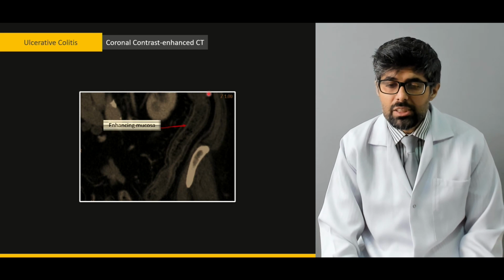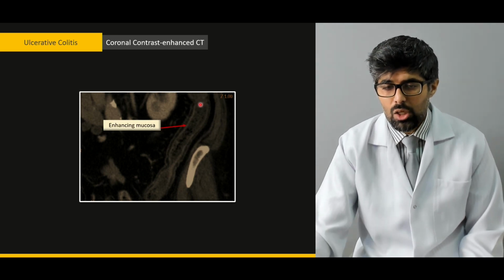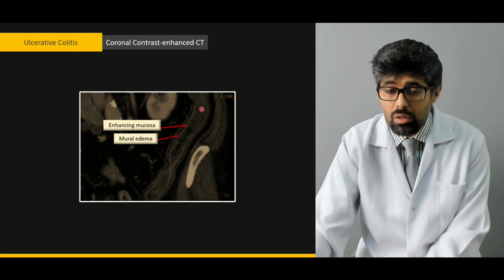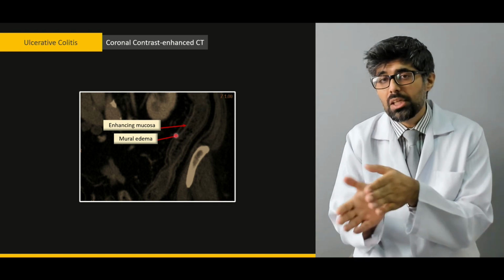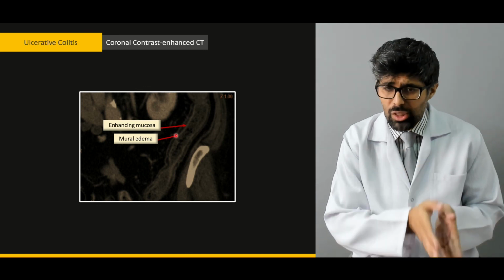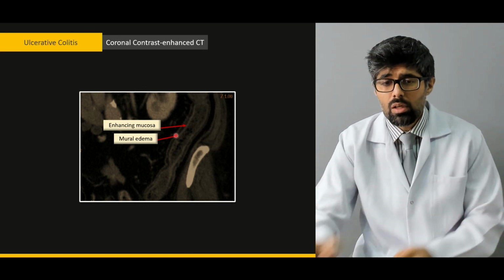Now, if we perform a coronal contrast enhanced CT scan in a patient with ulcerative colitis, we can see all of these features. The mucosa has enhanced, there is mural edema, that is the edema that is present inside the layers of the colon.